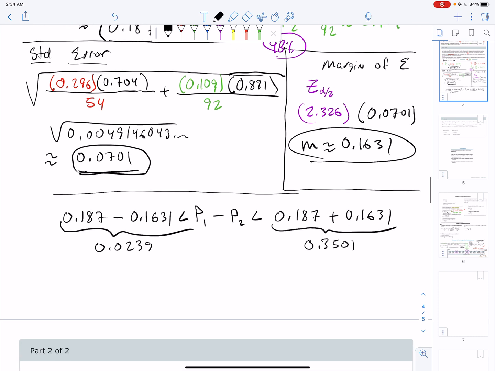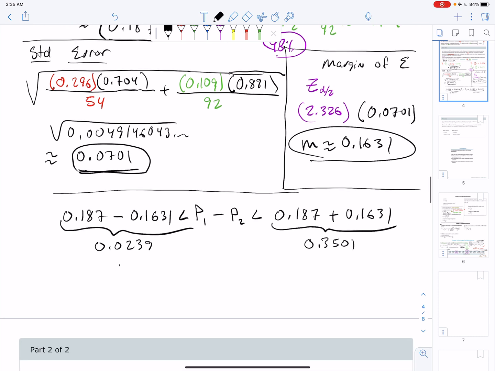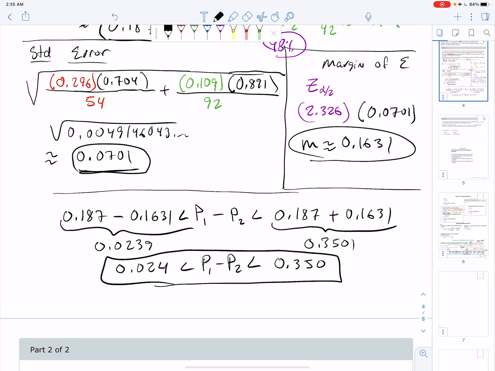It says please round to 3 decimal places, so we could definitely do that. 0.024, and round this one to 0.350. There it is, and this is at a 98% confidence level.